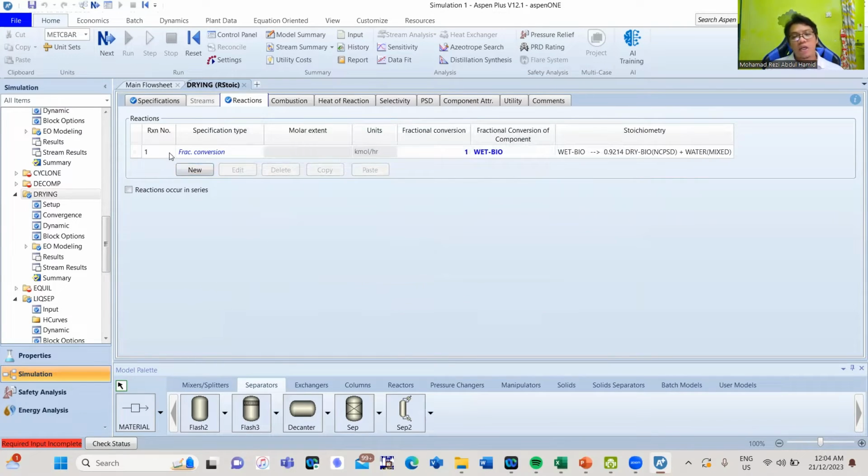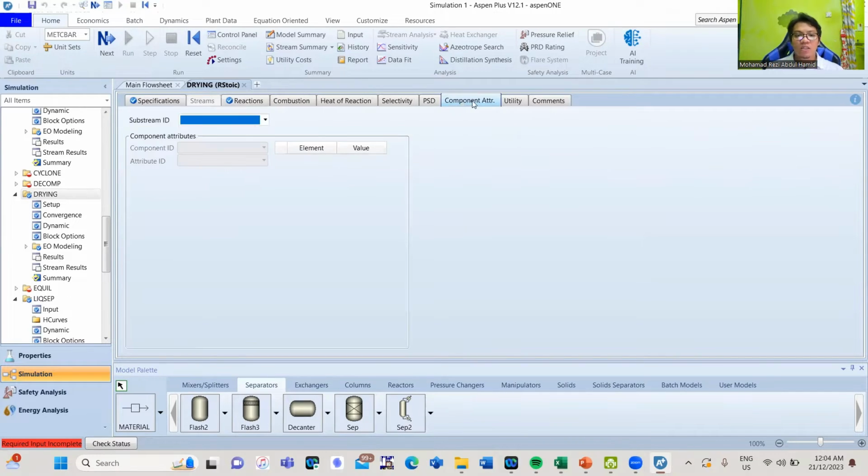Okay, now in the dryer unit, right? You have a non-conventional component, which is your wet biomass, and then going out is dry biomass, right? So for dry biomass, you need to specify its ultimate analysis, proximate analysis, and sulfur analysis. Go to component attributes.